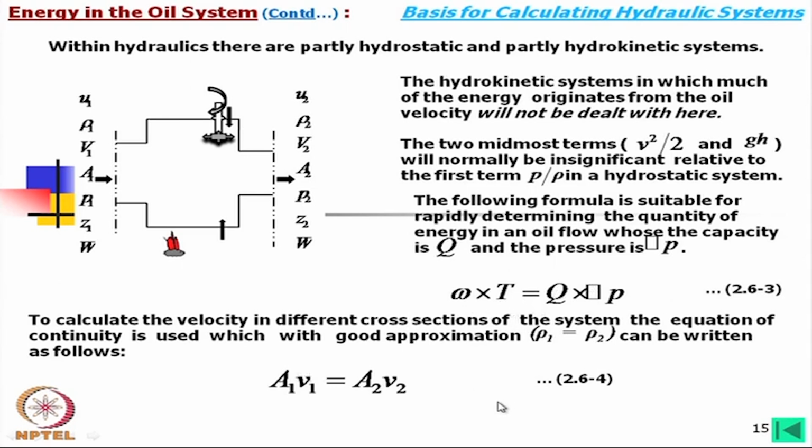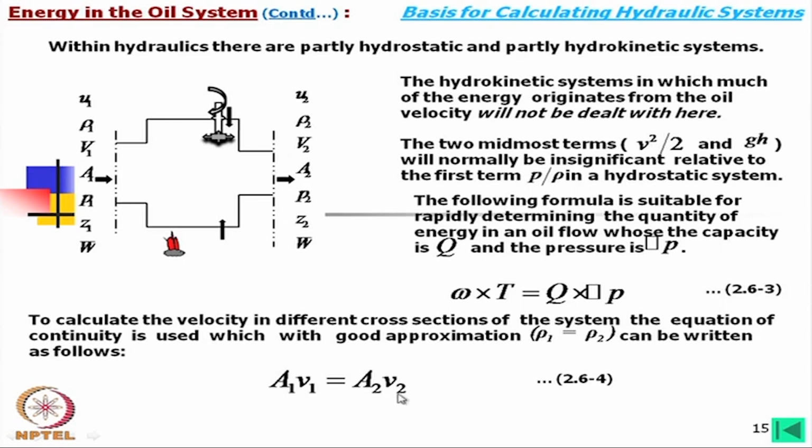To calculate the velocity in different cross sections of the system, the equation of continuity is used, with the good approximation that rho 1 is equal to rho 2, that is, the density and specific weight will be the same everywhere. So, simply we can write A1 V1 is equal to A2 V2.